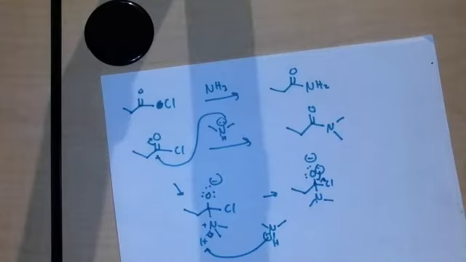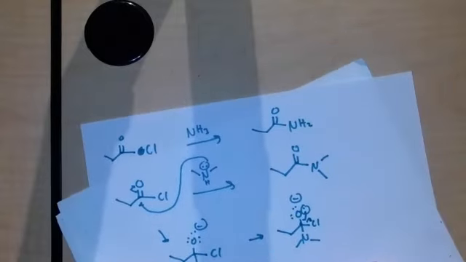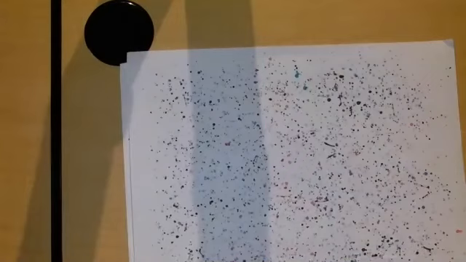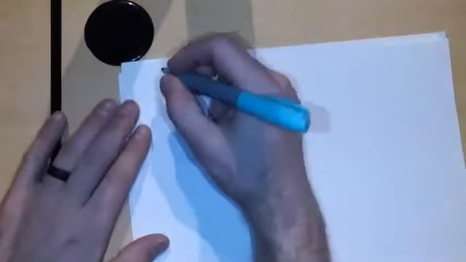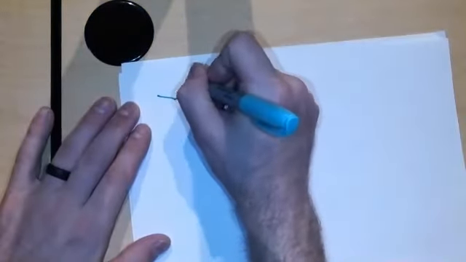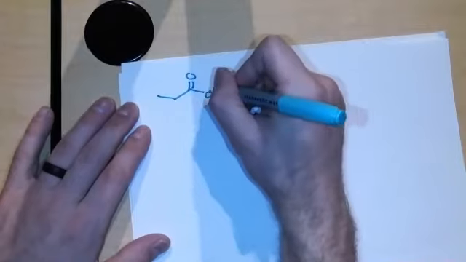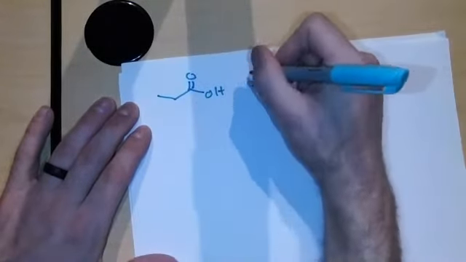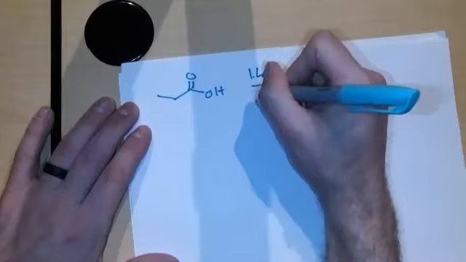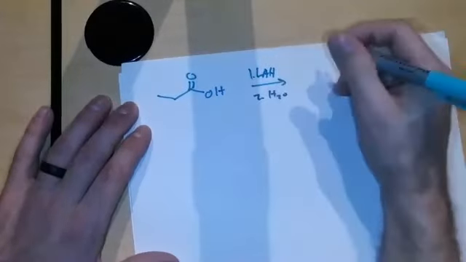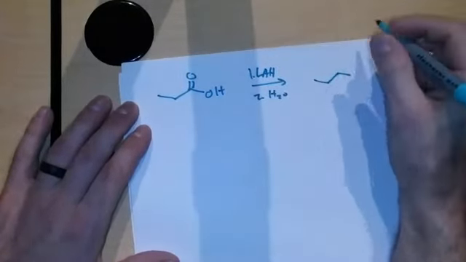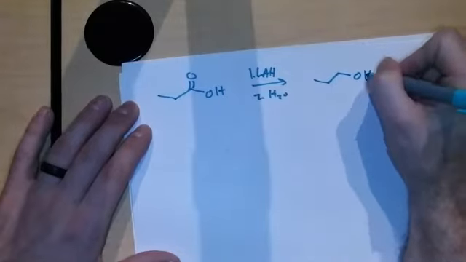Yeah, okay. So the next one is pretty straightforward. If you throw in LAH, you can reduce this. If we do it with the carboxylic acid, it'll still work. You can get an alcohol.